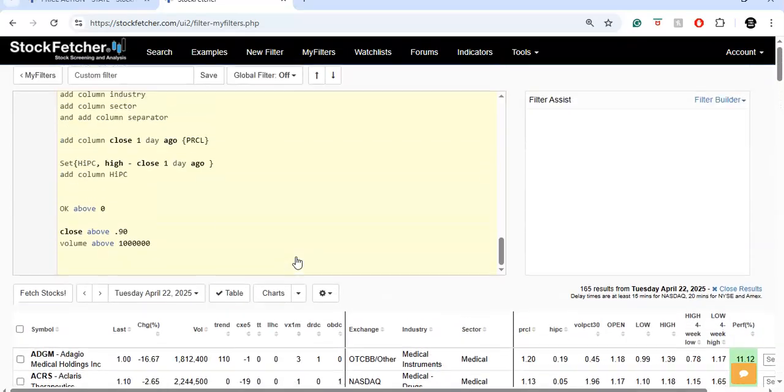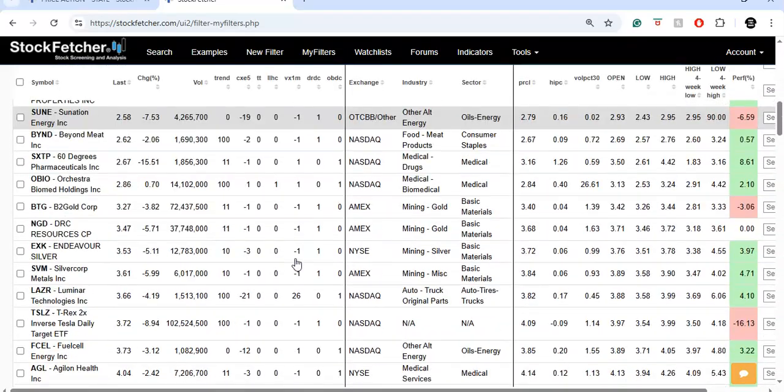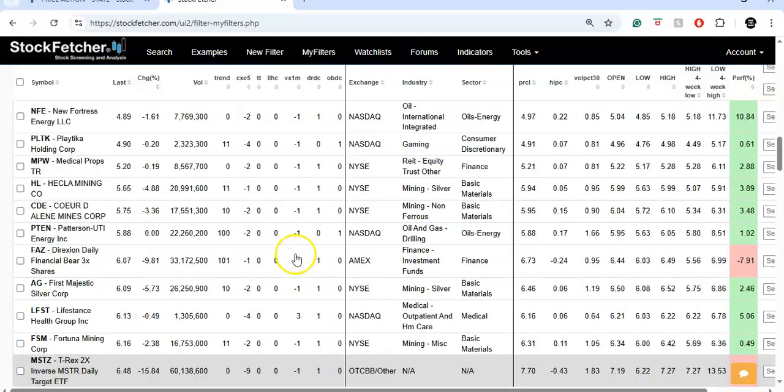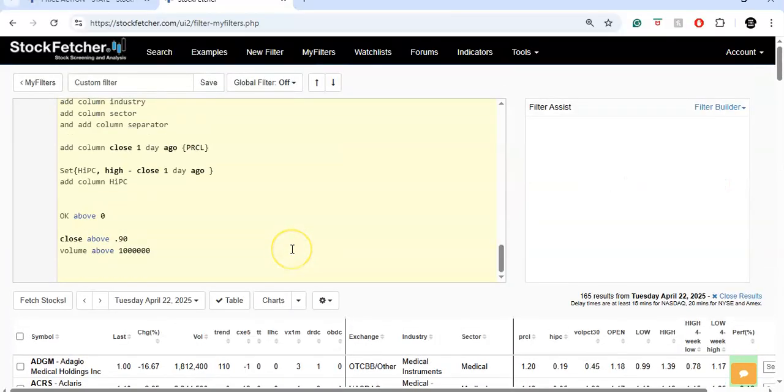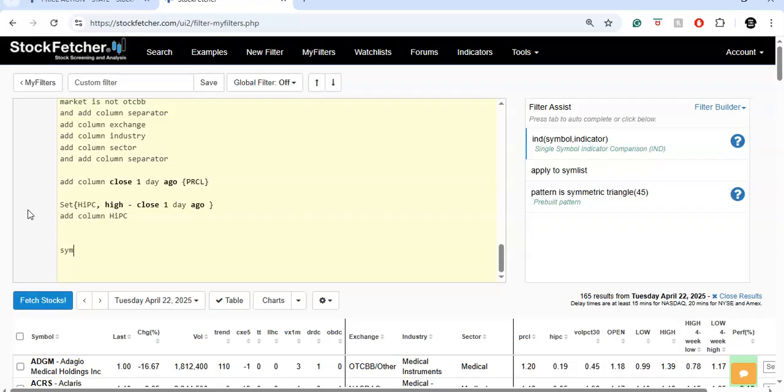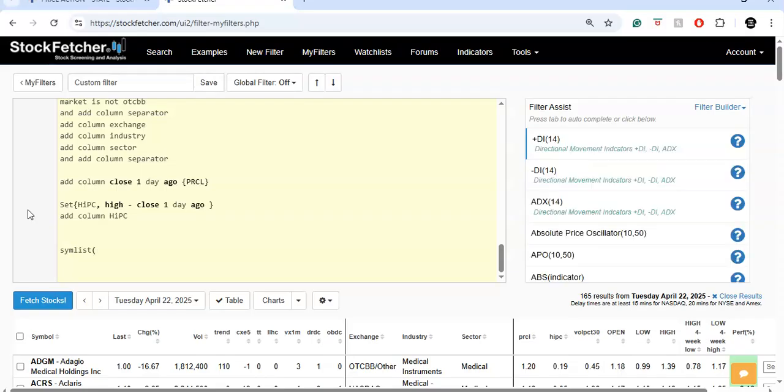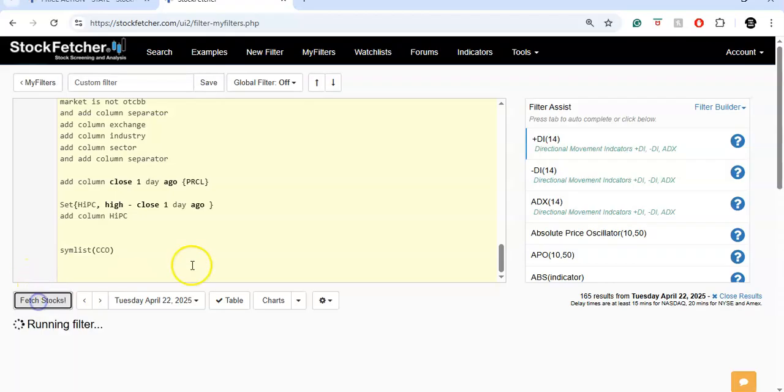Now, there's another stock, and I guess that's another one that didn't come up, because I bought it before the close yesterday, and it was this little stock right here, CCO.